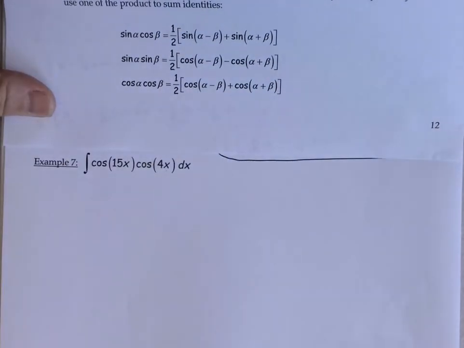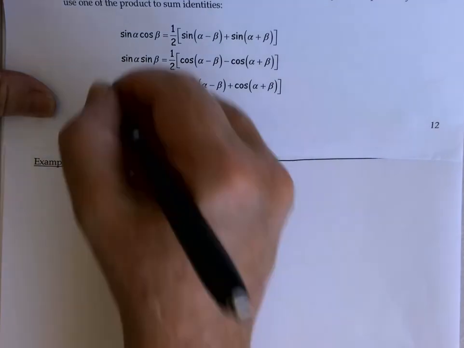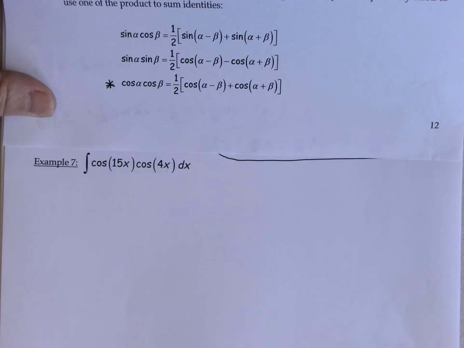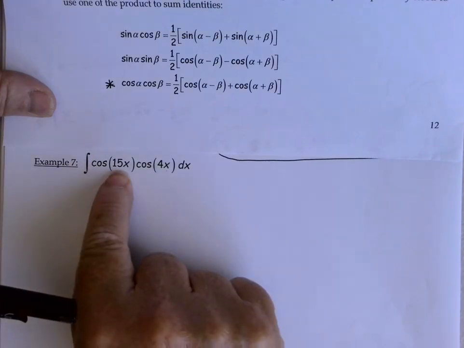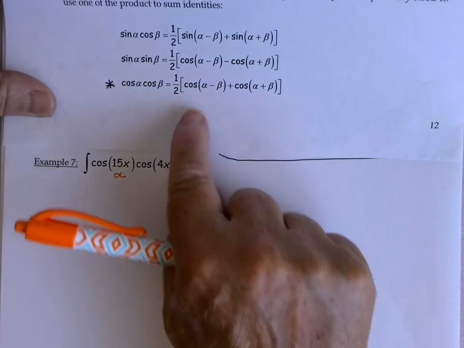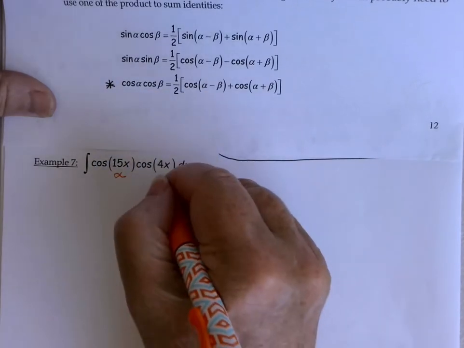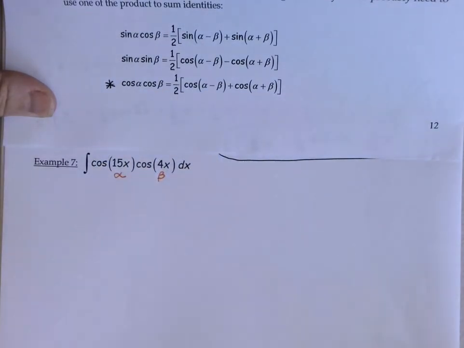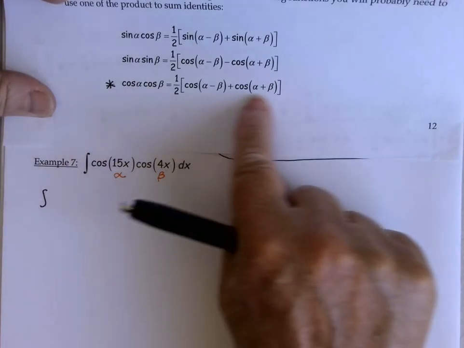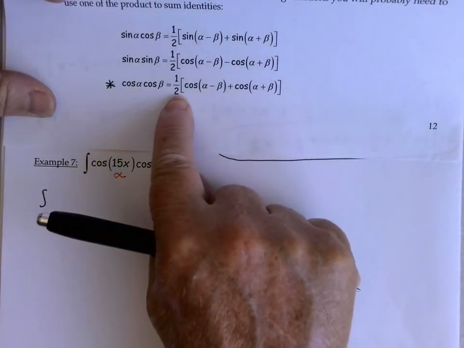So in this particular case, we'd be looking at this one, since we happen to have cosine cosine. And it looks like our alpha is 15x, and our beta is 4x. So I'm going to start by rewriting the integral using this. I'm going to pull the 1/2 right out.